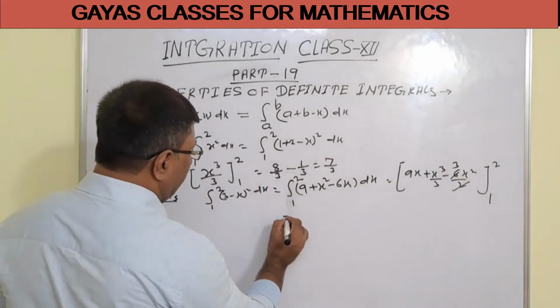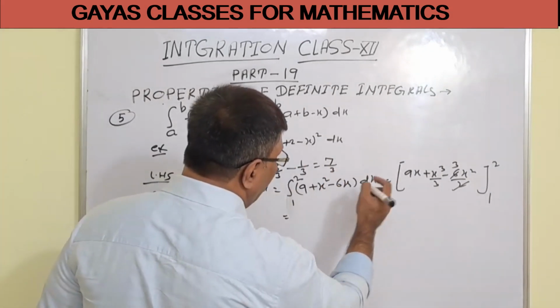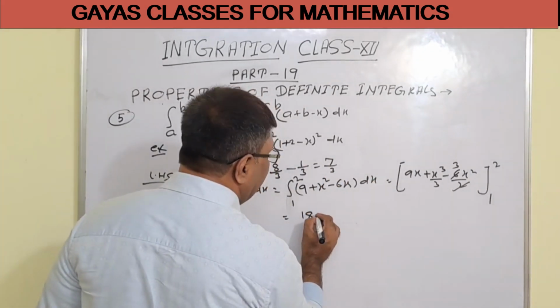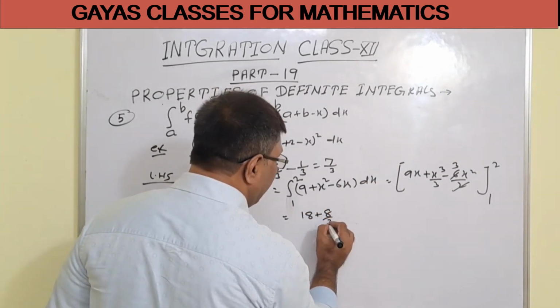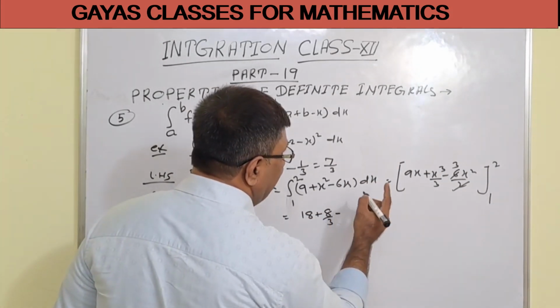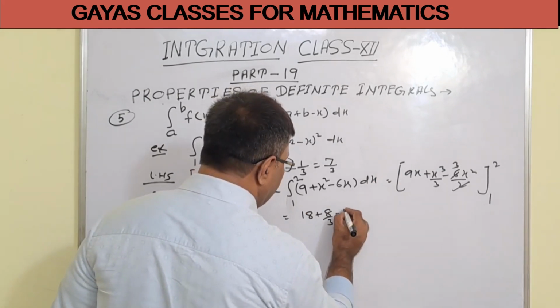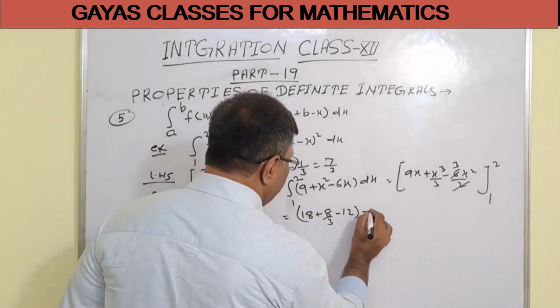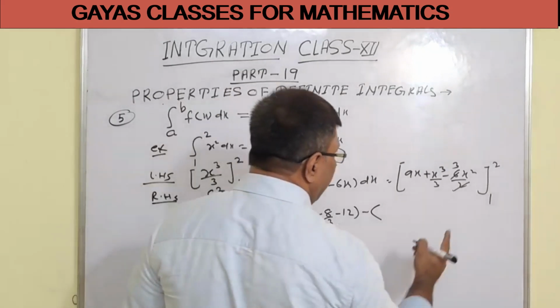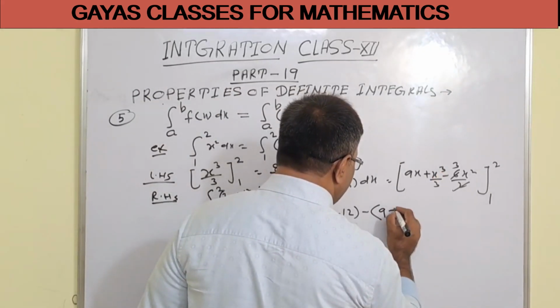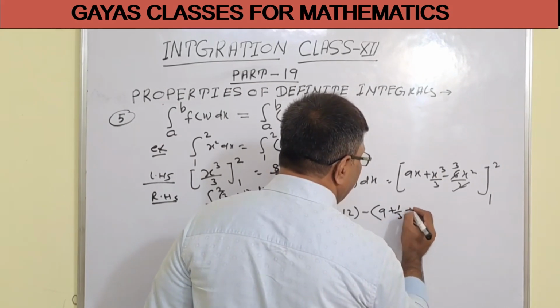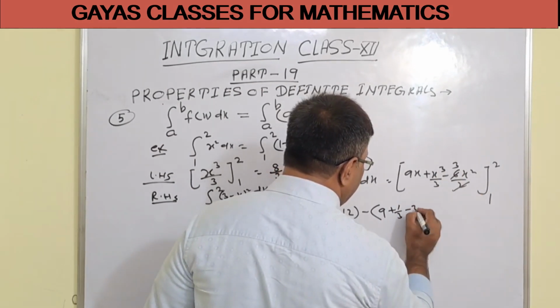Now just put upper limit x equal to 2. So 9 times 2 is 18, plus 2 power 3, 8, so this is 8 by 3, and minus 3x square, so 2 square is 4, times 3 is 12, right? Minus the lower limit 1: 9 times 1 is 9, plus 1 cube by 3 is 1 by 3, and minus 3 into 1 square, 3.